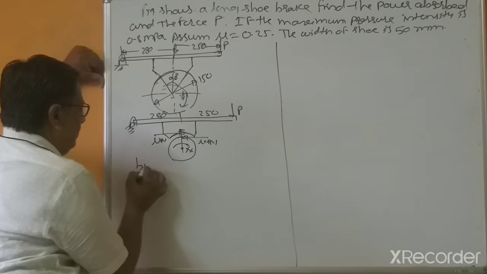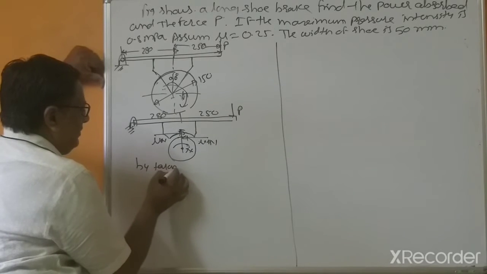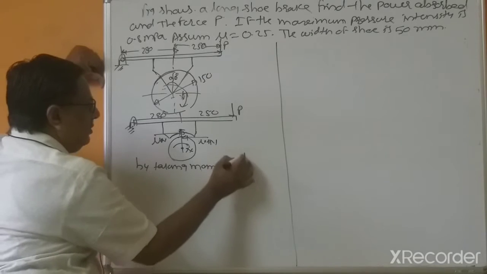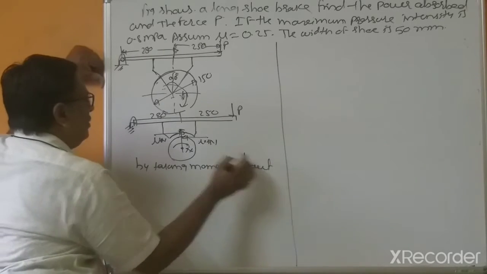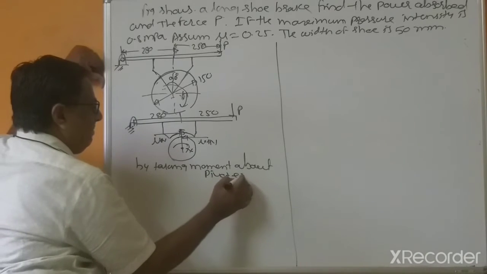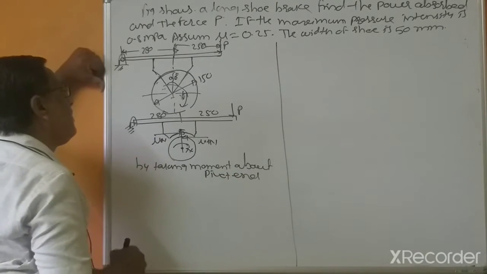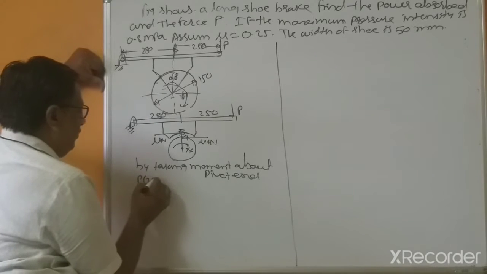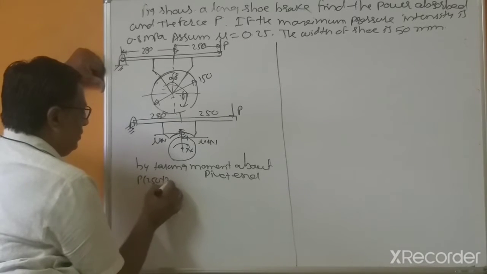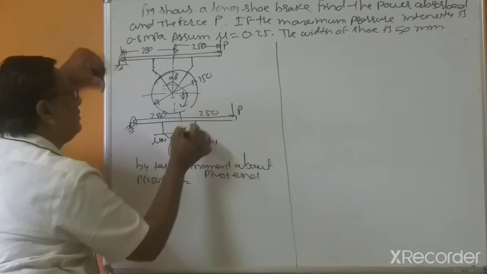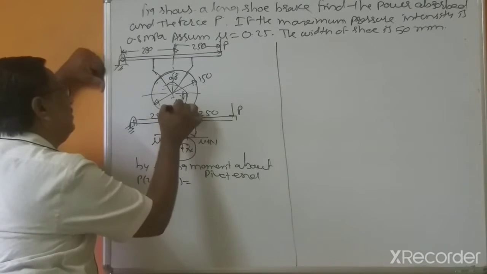Now by taking moments about the pivot end, P into 250 plus 280 equals, this is an anticlockwise moment and this moment is also anticlockwise.